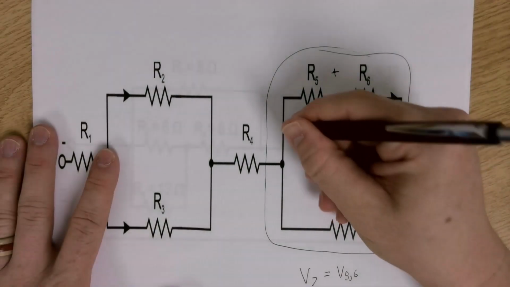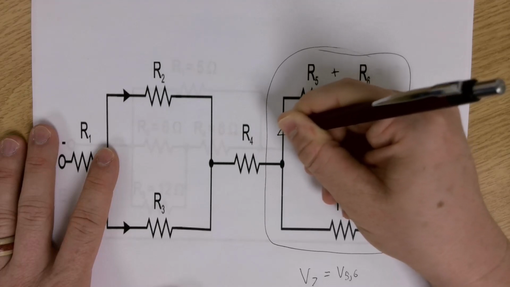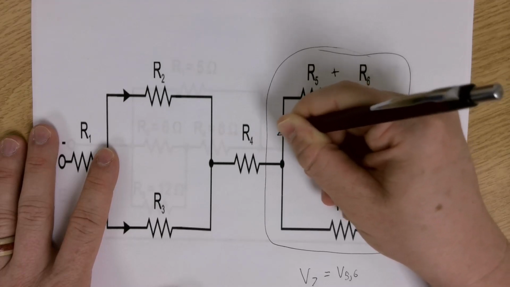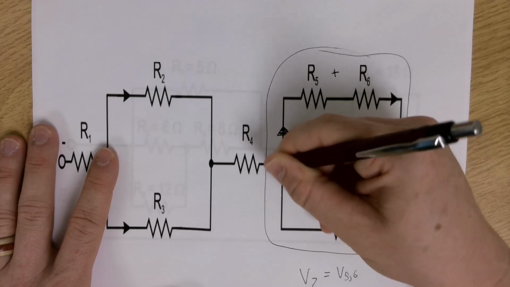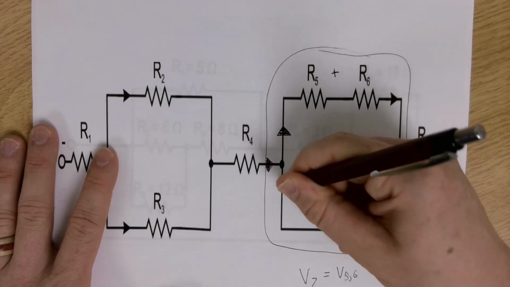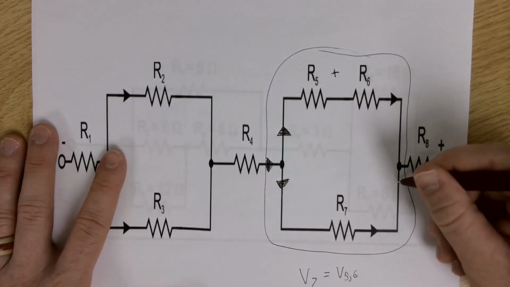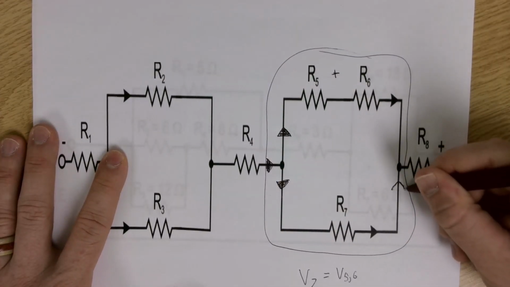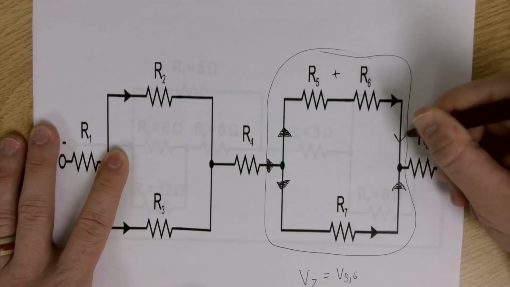And it's always important to draw current arrows. As it gets more complicated, draw a current arrow coming into each junction, going through each resistor or load. It's a very helpful way to conceptualize things. Always current arrows.